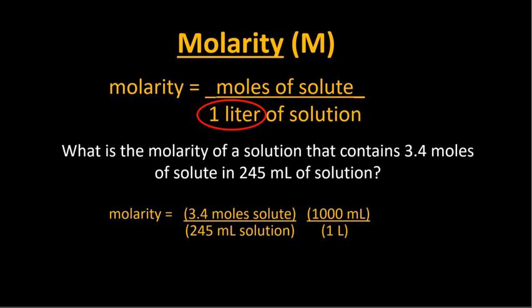All you have to do is 3.4 times 1,000 divided by 245. This is your conversion factor from milliliters to liters.